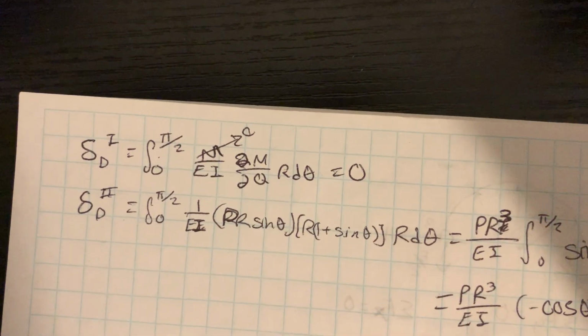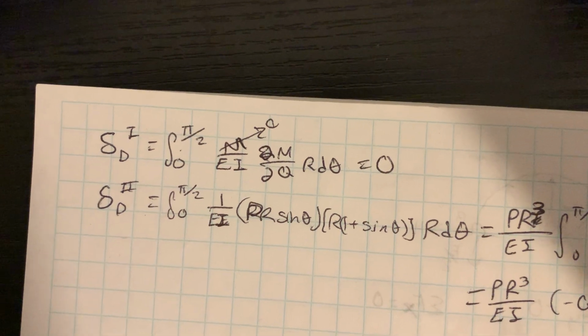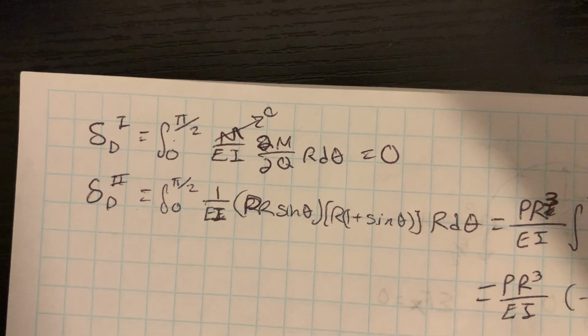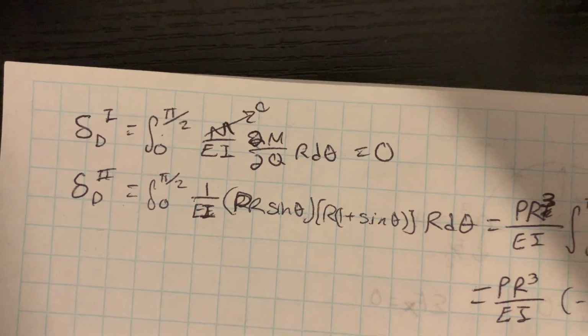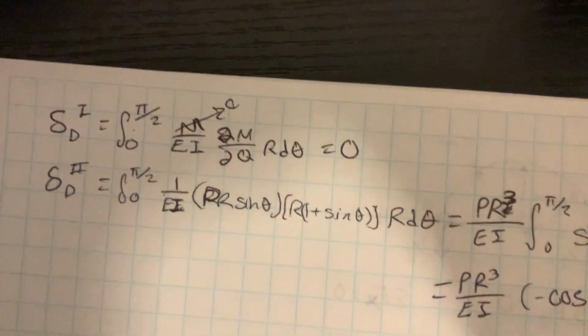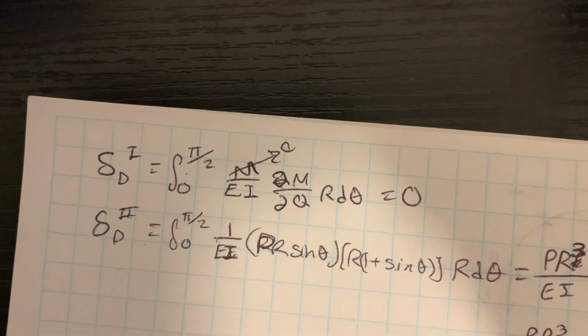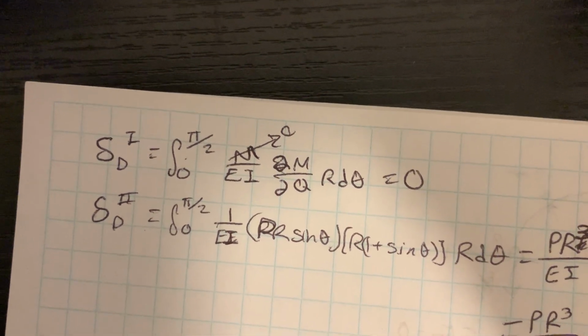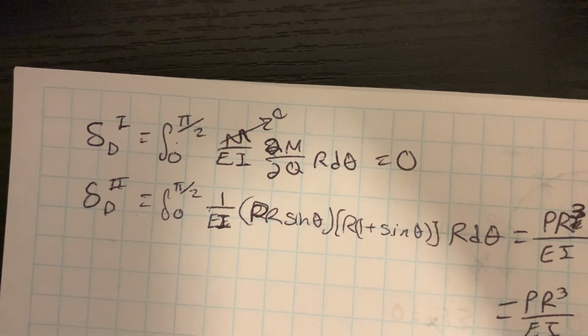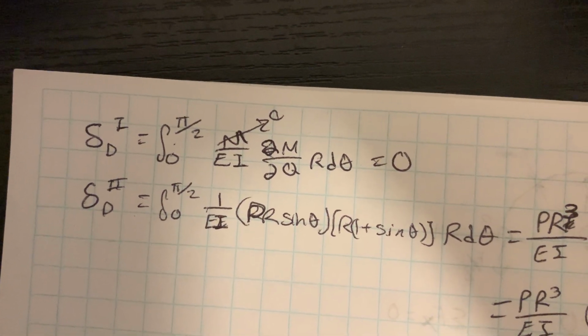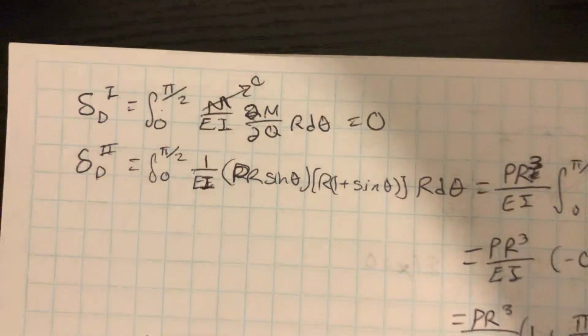So as we can see here, for the deflection of segment 1, it's the integral from 0 to pi over 2, which is that portion that we cut off for the segment, of M over EI times the partial derivative of M with respect to Q, R d theta.